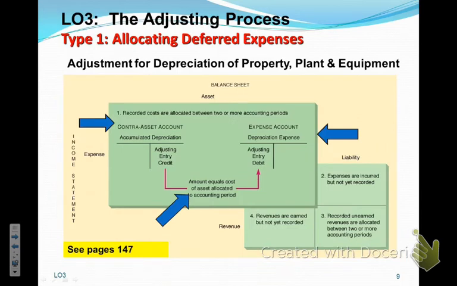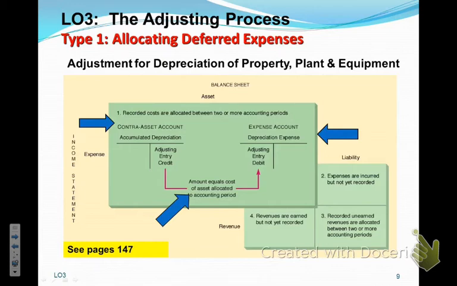Another type of adjusting entry for type 1's allocating deferred expenses would be the adjusting entry for depreciation of property, plant, and equipment, which we will spend more time learning about in later chapters. But for now, we're going to debit the depreciation expense, and then we're going to credit what we call a contra asset account.